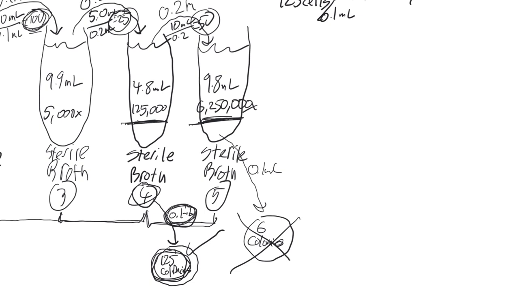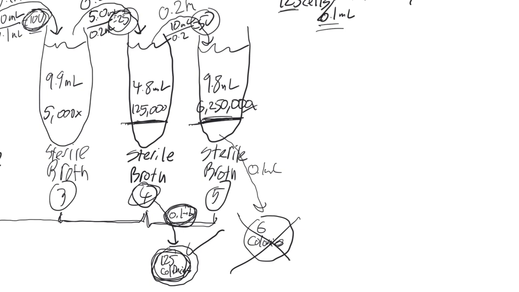I mean, that's a number, but I don't particularly like that number. I'd really like to figure out how many cells per 1 milliliter there are in tube 4. So the easiest way to do that is to take this and divide it by that.